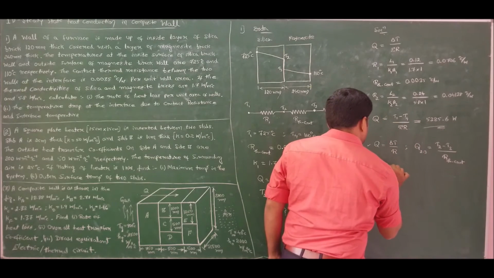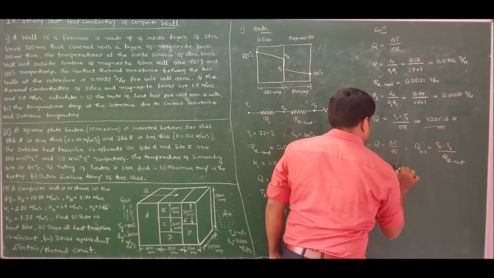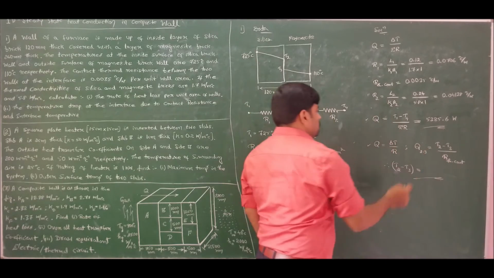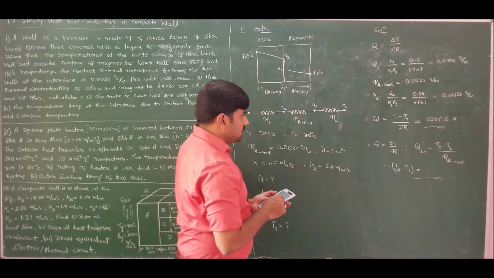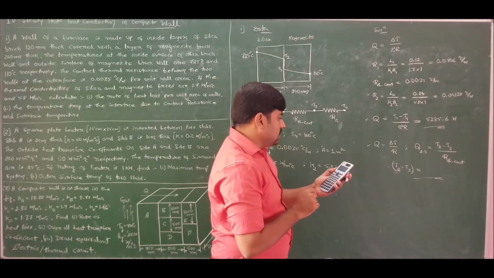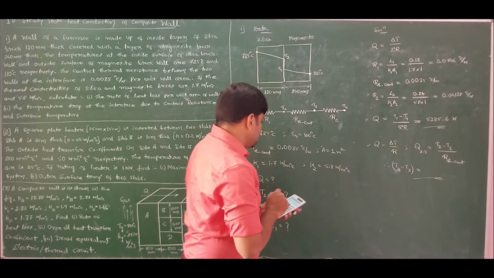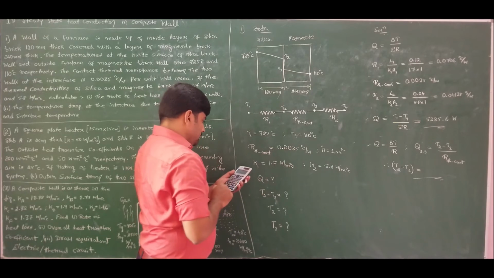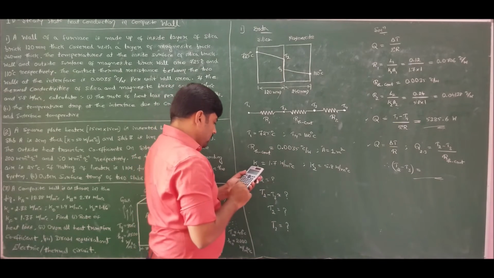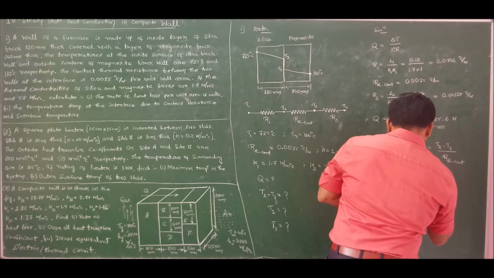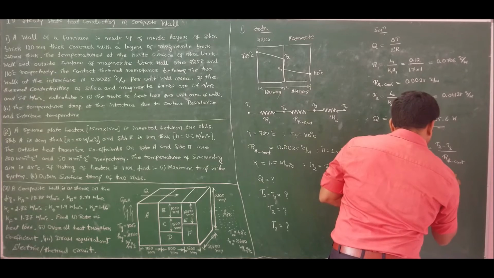So therefore temperature drop due to thermal contact resistance T2 minus T3 will be equal to Q times R thermal contact resistance. You know the value of Q, which is 5325.6 into R thermal contact resistance, which is 0.0035. So therefore the temperature drop due to contact resistance is 18.64 degrees Celsius.